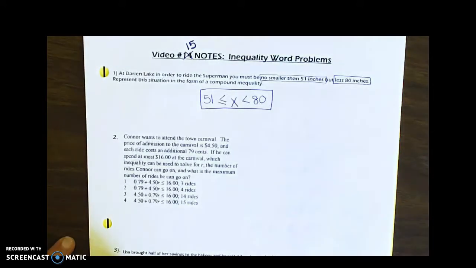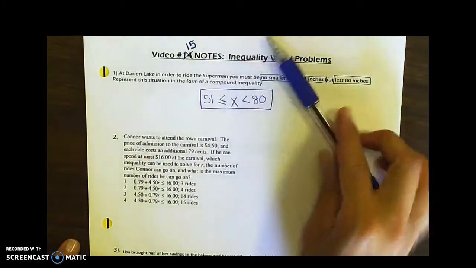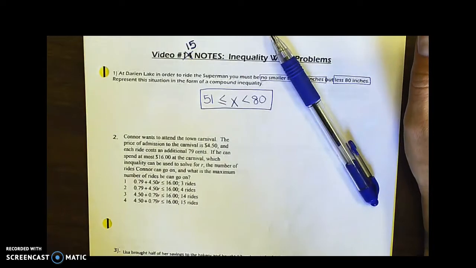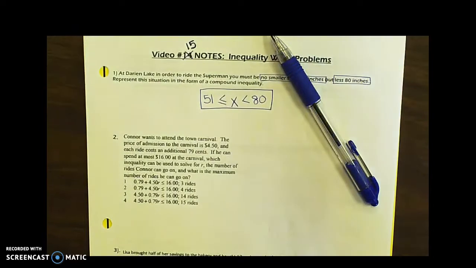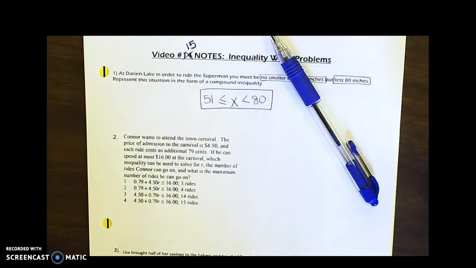Okay, let's take a look at question 2. So put our pencils down. Connor wants to attend the town carnival. The price of admission to the carnival is $4.50 and each ride costs an additional 79 cents. If he can spend at most $16 at the carnival, which inequality can be used to solve for R, the number of rides Connor can go on, and what is the maximum number of rides that he can go on?